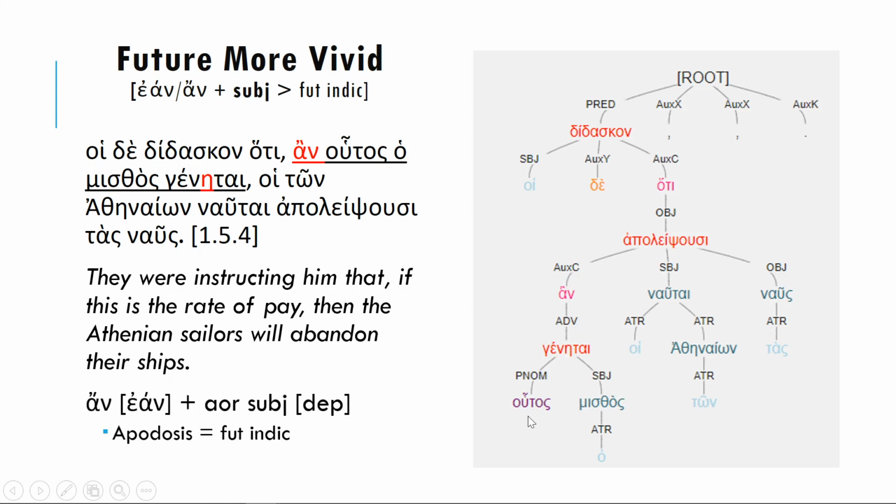Or sorry, the pay is this. If the pay becomes this, so if you raise their pay is the sense of it. If you pay them this much, they will abandon their ships. So we have ean plus the subjunctive and then a future indicative. So we've got a future more vivid. This is definitely going to happen. All you have to do is pay them this much and they will abandon their ships.